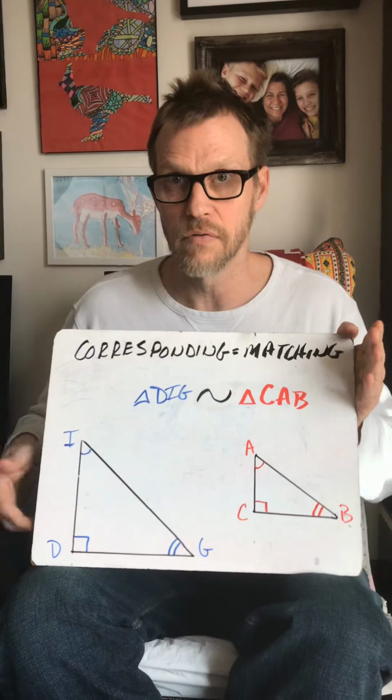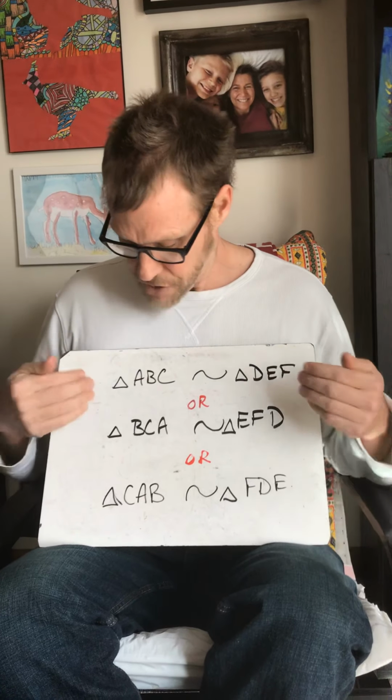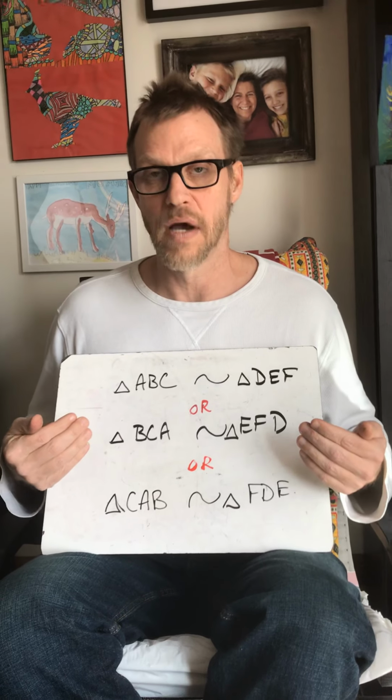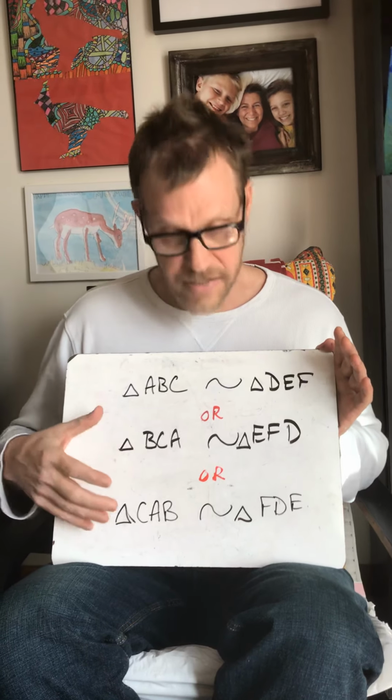But what if you don't have a picture? Well, we go to this. These are called similarity statements. Without a picture, you can absolutely find the corresponding parts. These are actually three ways to say the same thing.